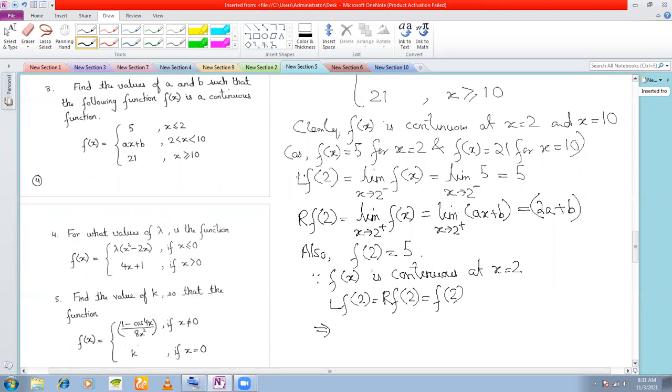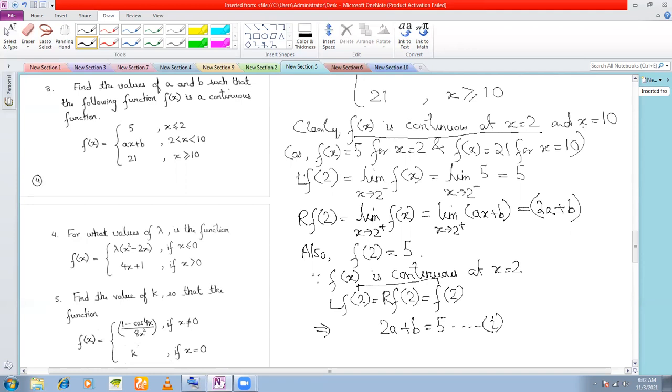So you have left hand limit and f2, both have the value 5. And what is the value of the right hand limit? 2a plus b. Means 2a plus b must be equal to 5. Okay. So this is your equation number 1. So we have used this fact that fx is continuous at x is equal to 2.